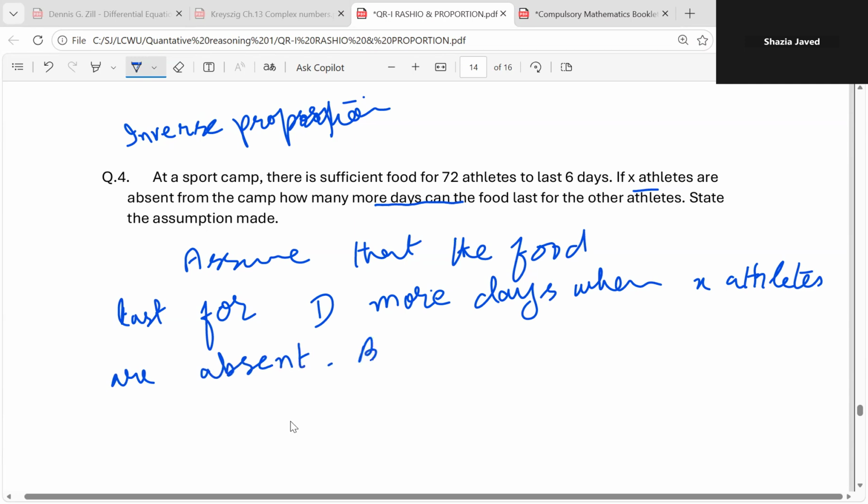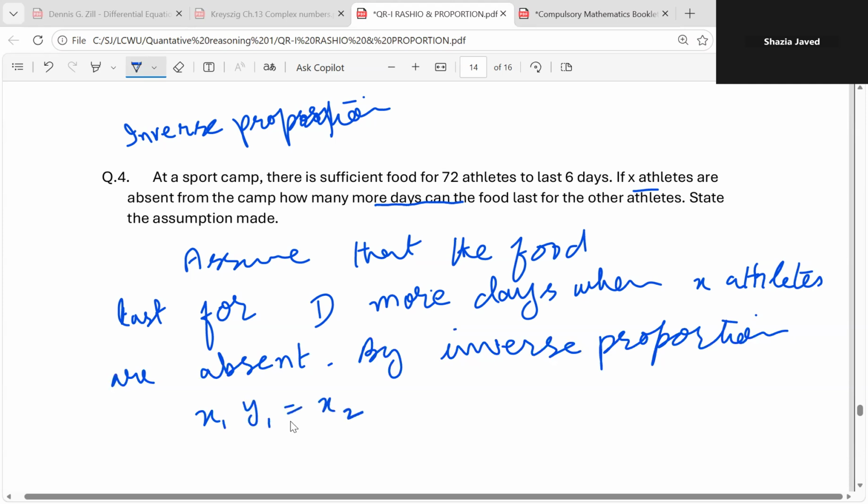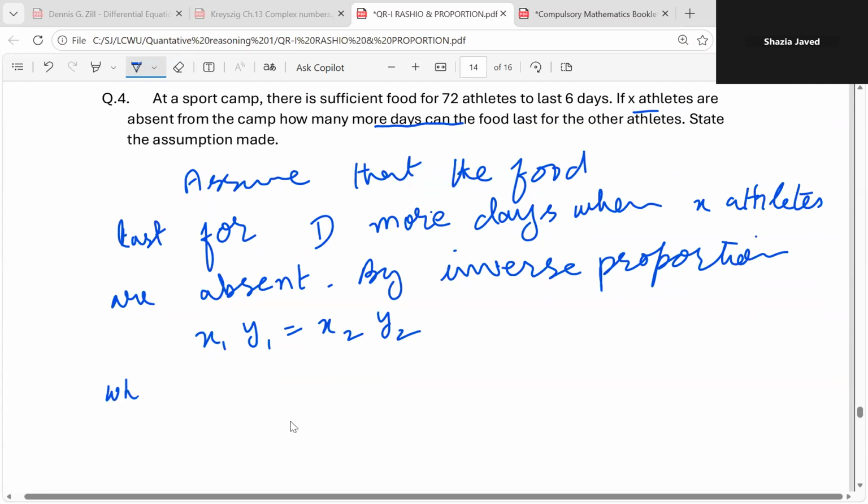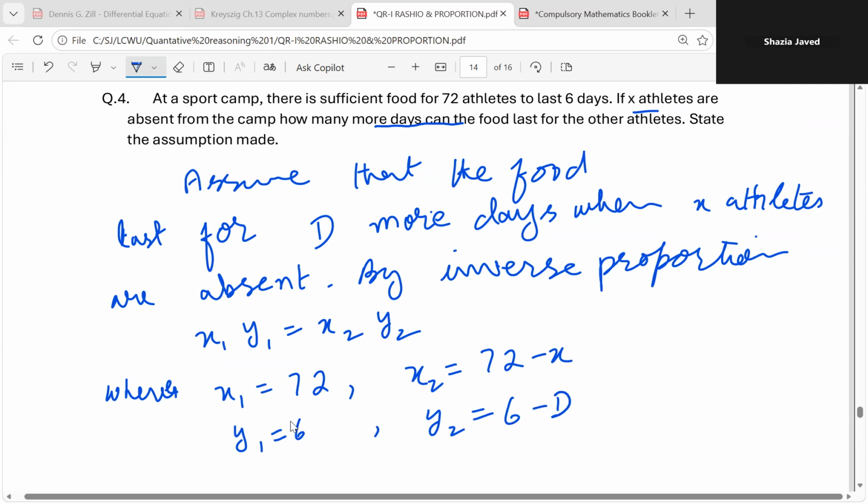So by inverse proportion, x1 y1 equals x2 y2, where x1 is 72, x2 is 72 minus x because x athletes are absent, y1 is 6 and y2 is 6 minus d.